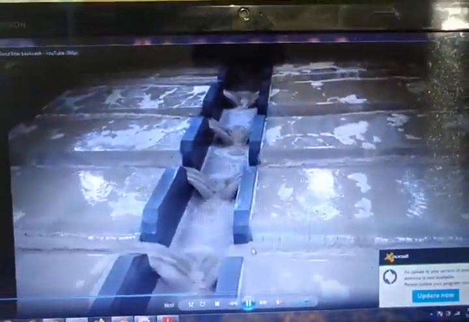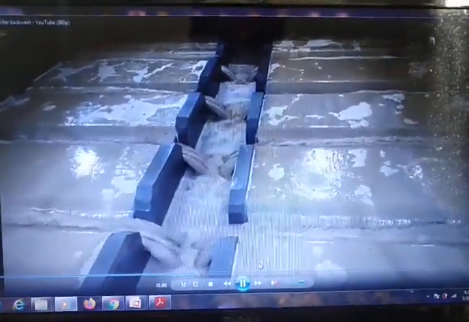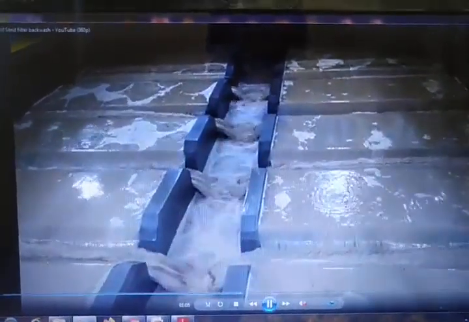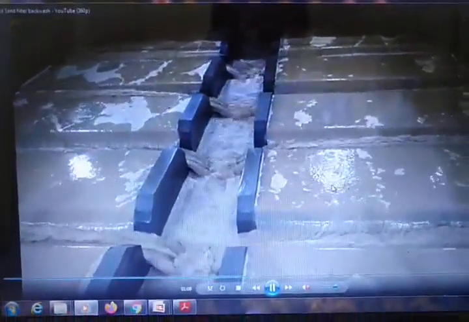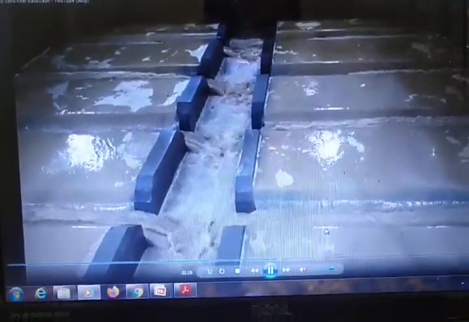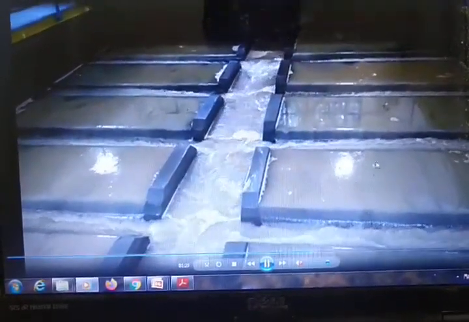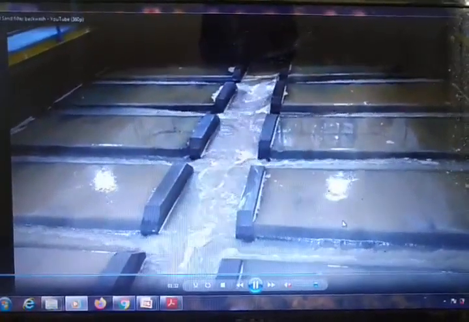Okay, see the dirty water during the backwashing process. Okay, now slowly what happens when all the impurities are backwashed, that is, all the trapped material is cleaned due to the backwashing process with the help of compressed air and water, then you can see the clarity in the water.